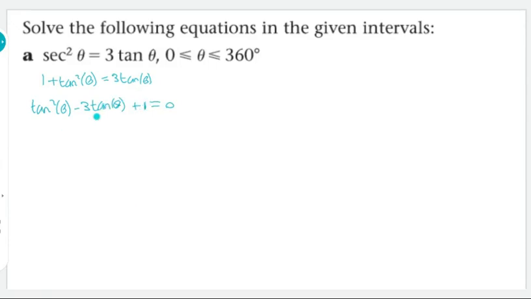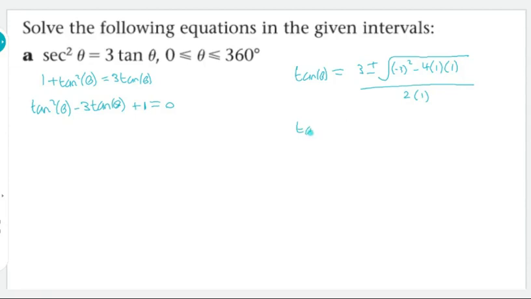And then I can apply various methods. I'm just going to go for the quadratic formula since that's a favorite. So tan theta is equal to 3, because it's minus b plus or minus the square root of b squared, so minus 3 squared minus 4 times a times c, all divided by 2a.